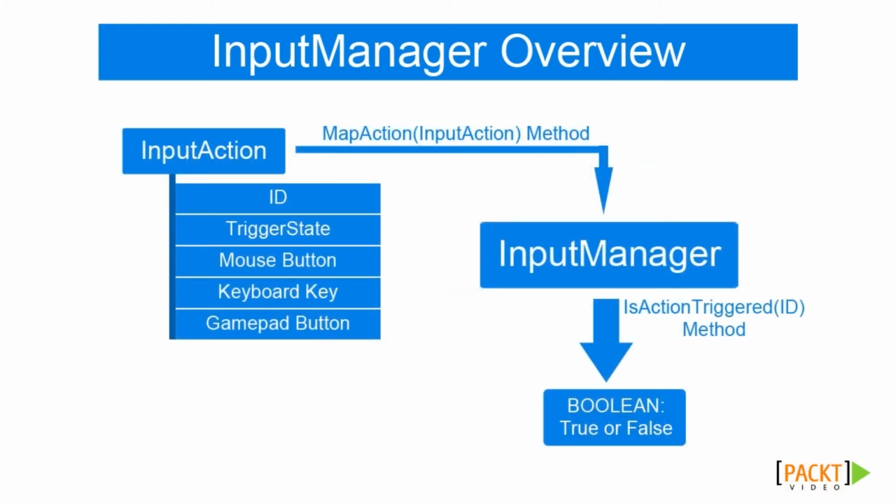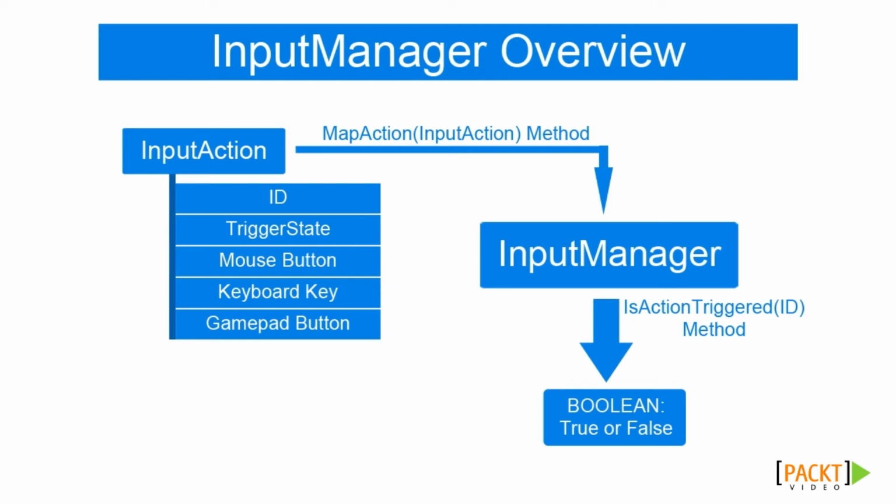First, we create an input action and give it an ID and a button trigger state that tells the input manager when this action has to trigger. Then, we need to define the buttons we want to use for this action. And the last step is adding it to the input manager, using the map action method of the input manager. This way, our input manager knows about the input action.